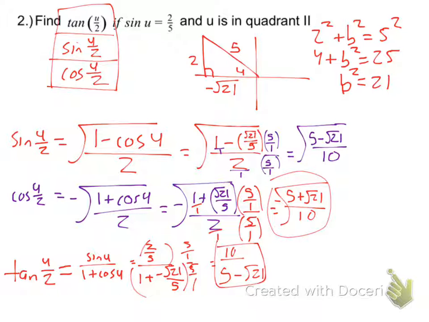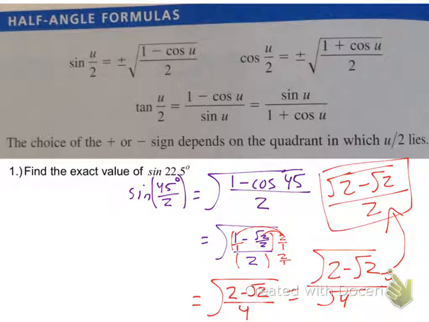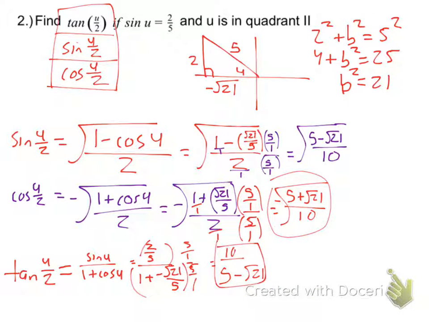Let's talk about what happens if you use the other formula. That other formula, remember, is 1 minus cosine u over sine u, which may be better because 1 minus a negative cosine u is 1 plus the square root of 21 over 5, which would be add.